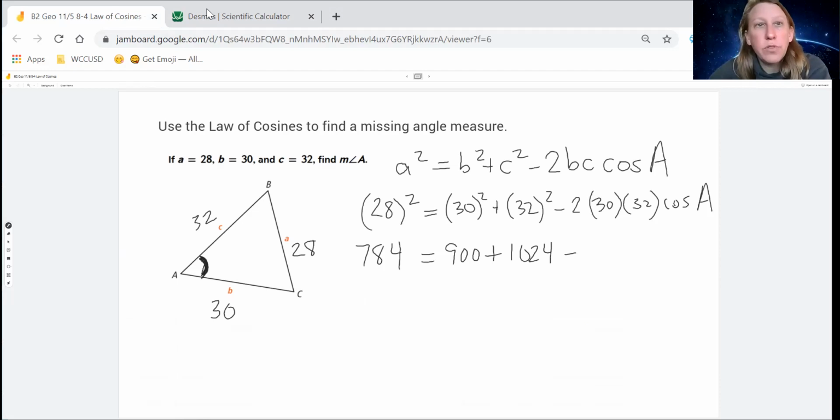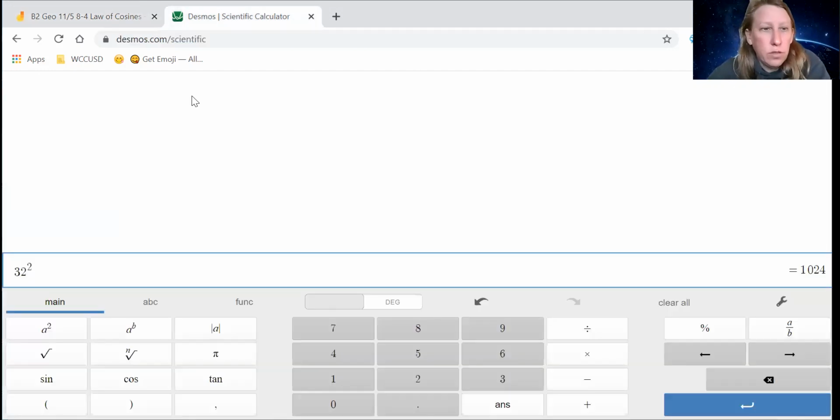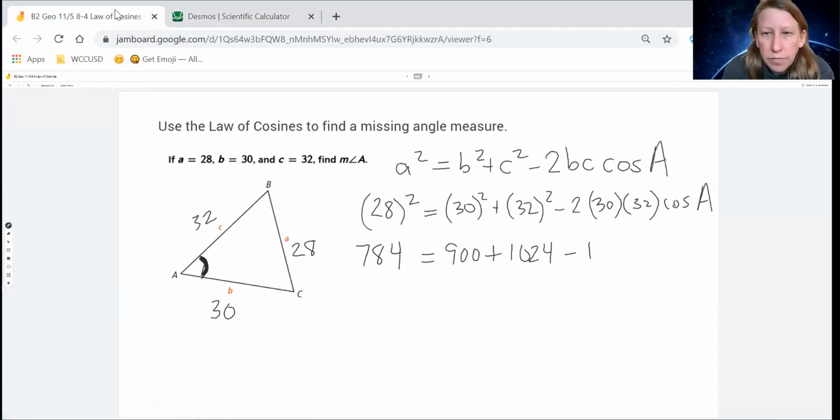Two times 30 times 32 is 1920 times the cosine of A. All right, let's keep at it. Now I'm trying to solve for the cosine of A. So I'm trying to get cosine of A by itself and everything else away from it.